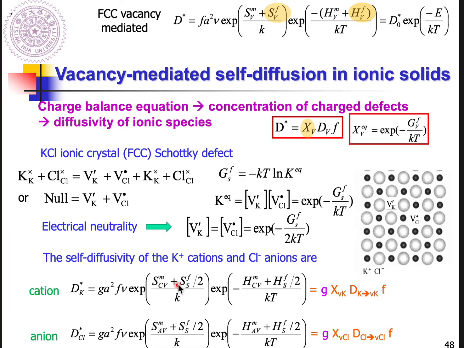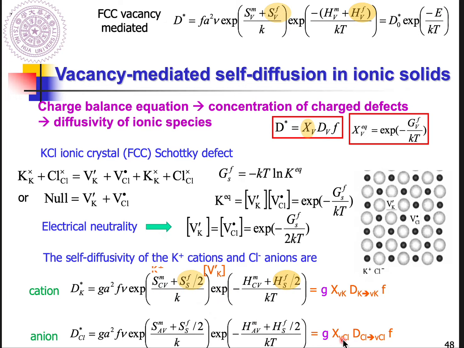Based on this, you can simply formulate the vacancy fraction at the potassium site from the Schottky defect formation energy, and separate it into the entropy term and enthalpy term. The diffusivity part involves the migration energy, here the cation potassium jumping into the vacancy at the potassium site.